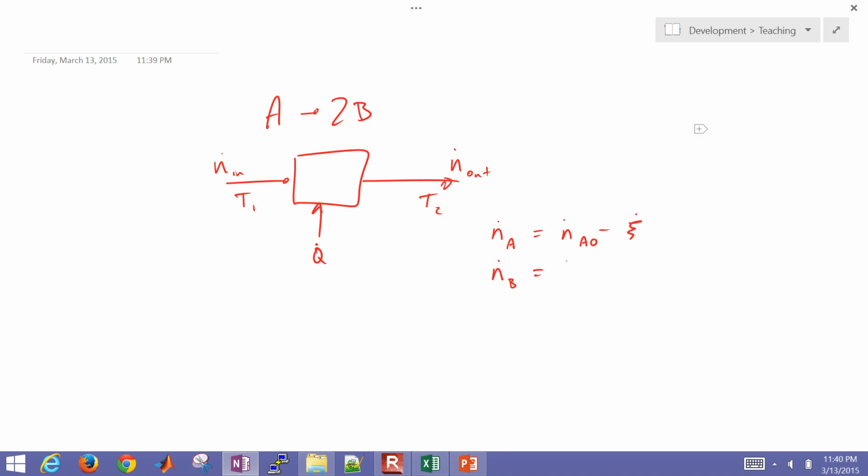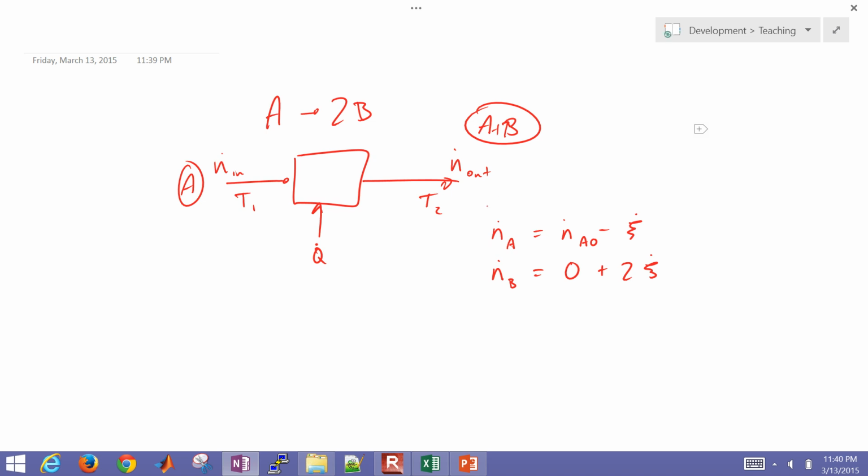Okay, so let's say we had 0 coming in, this was just pure A coming in, and then let's say you have A plus B leaving. Okay, so then we have plus 2 times the extent of reaction. Okay, so there are two material balances.